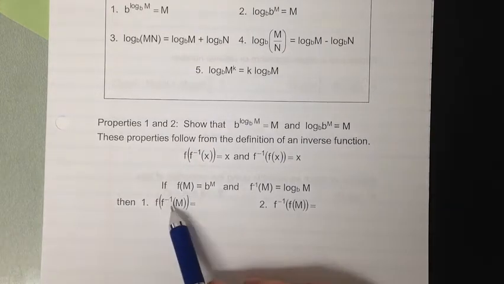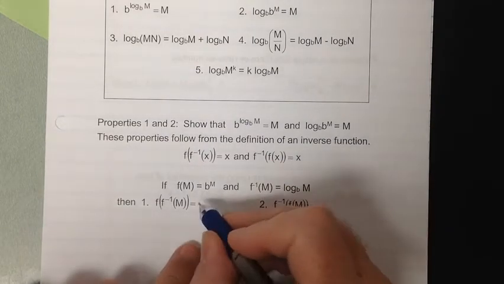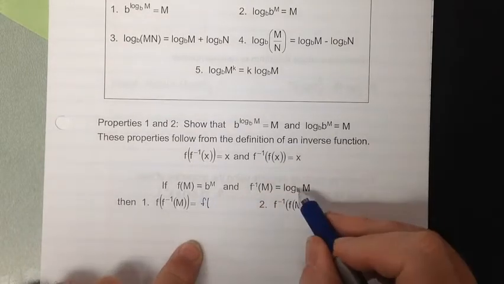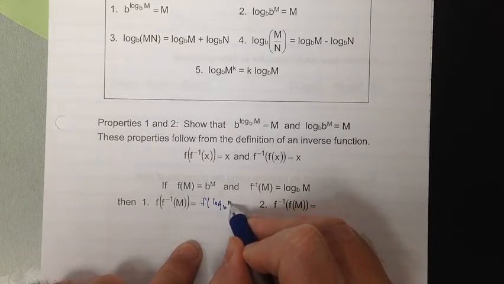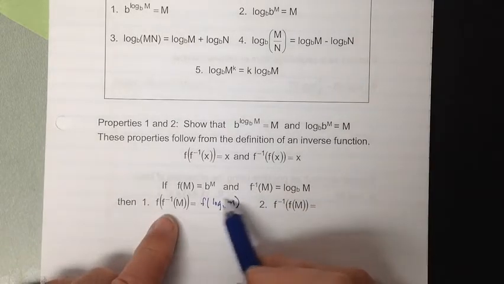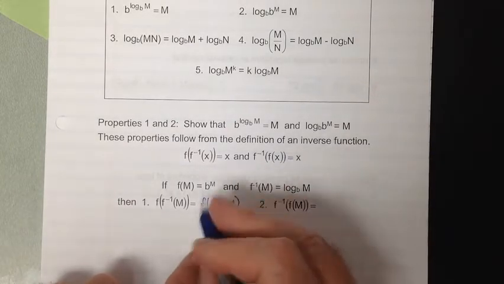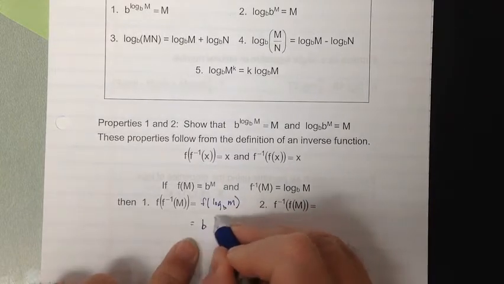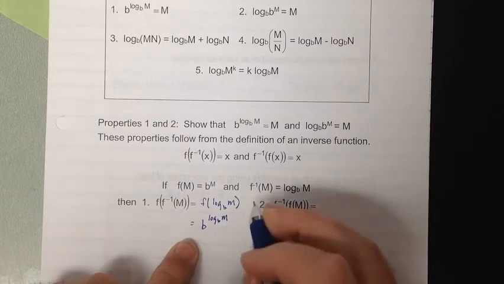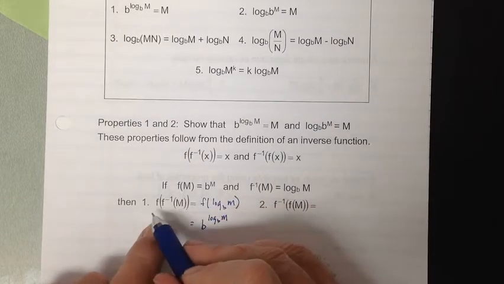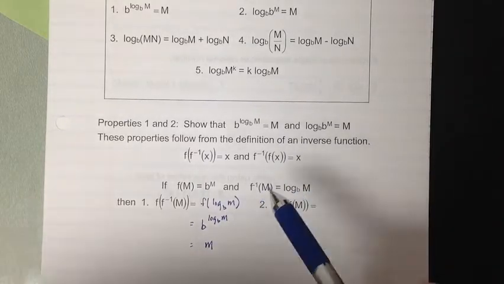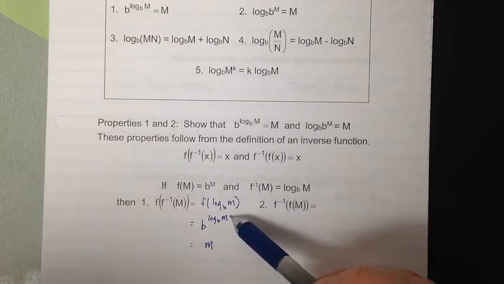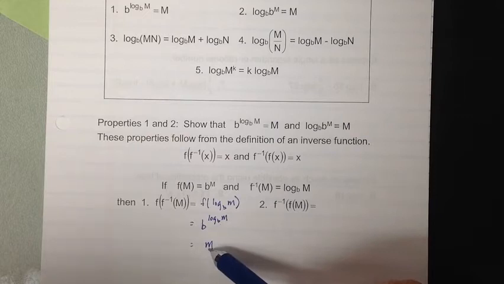Then, if I do f of f inverse, I'm going to do f of the inverse function log base b of m. All right, I'm going to take this and put it in for m, so I get b to the log base b of m, and I know that by definition this has to equal m, so I just verified it. B to the log base b of m equals m.